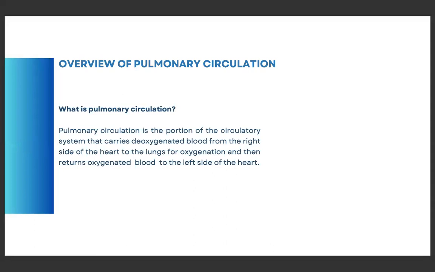So, starting off simple, what is pulmonary circulation? Pulmonary circulation is the portion of the circulatory system that carries deoxygenated blood from the right side of the heart to the lungs for oxygenation, and then returns that oxygenated blood to the left side of the heart. To put it simply, it is the journey that deoxygenated blood takes from the right side of the heart to the lungs.